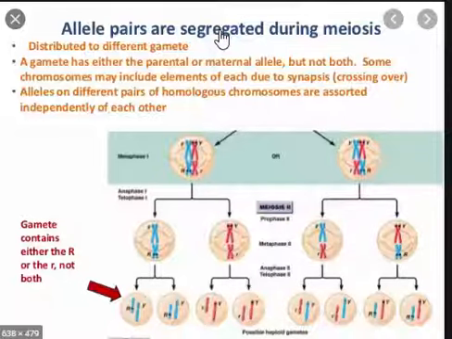So we're still talking about how meiosis, this division, leads to the diversity in genes. We don't want, for example, a parent with a certain disease to give this disease to his offspring.